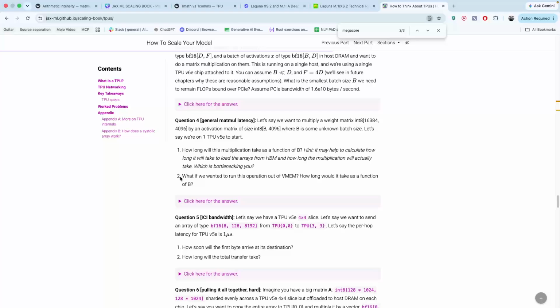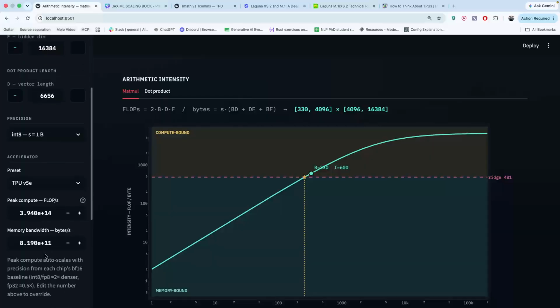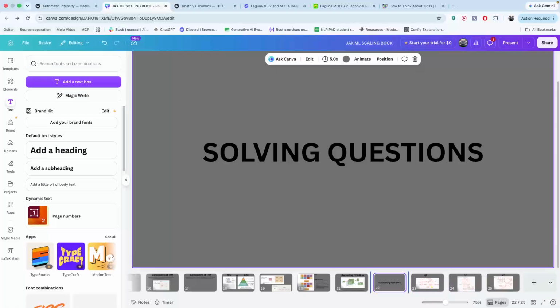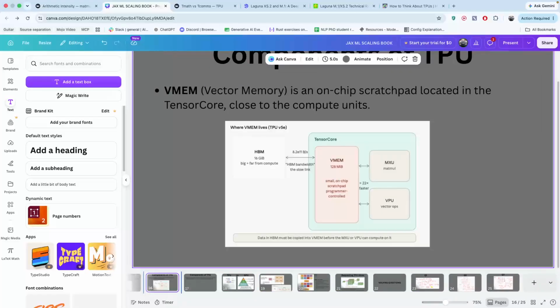Now, what if you run this operation out of VMEM, and how long will it take as a function of batch size? As we discussed, if you go back to our slides, HBM to VMEM is around this, and this is for the TPU v5 architecture, and this one is around 22 times faster.